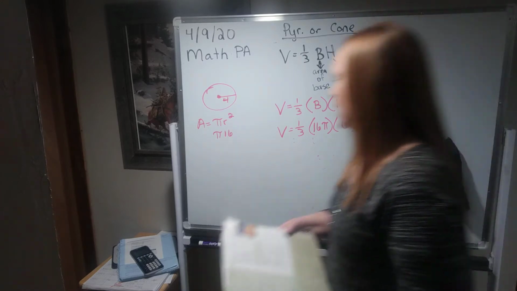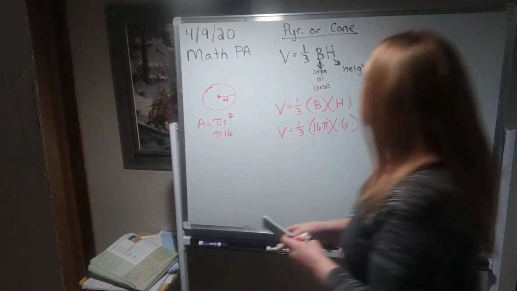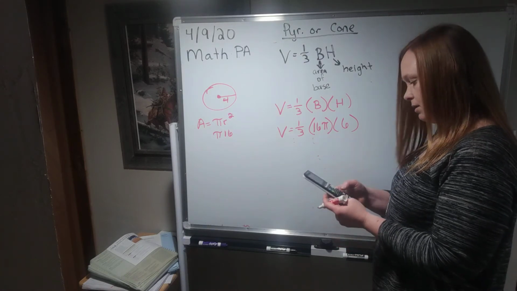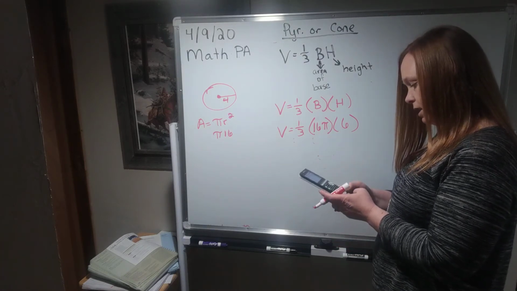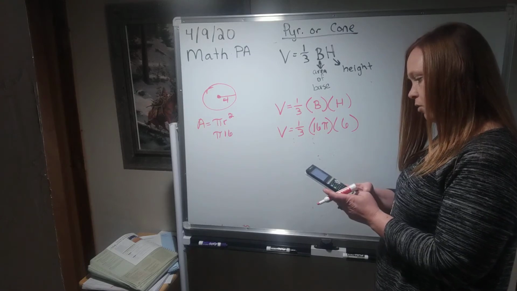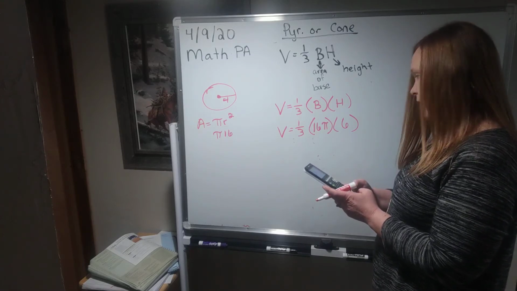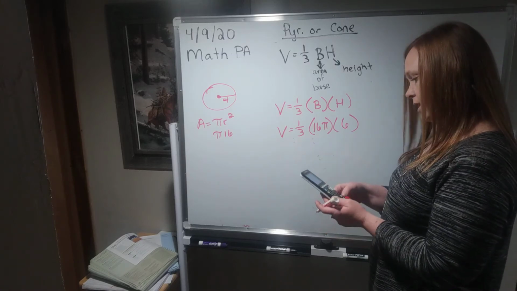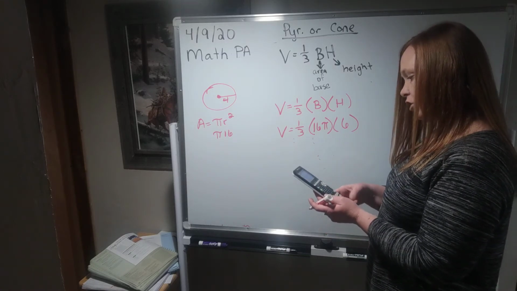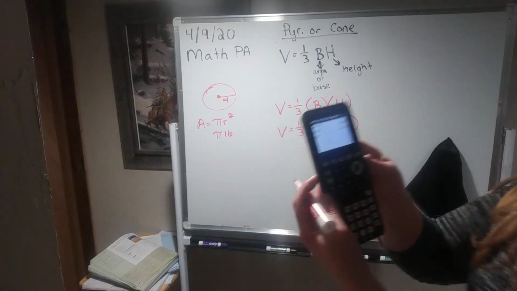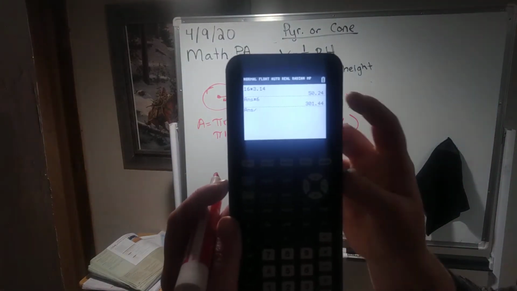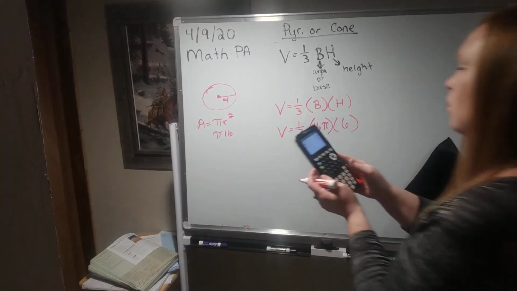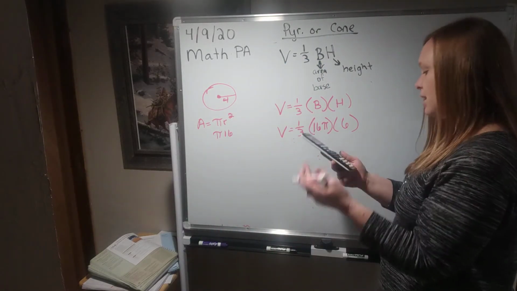Okay, now let's let our calculator do the work for us. Let's take 6 times 16 pi, so I'm going to do 16 times 3.14 times 6 equals, and then I'm going to divide by 3. Make sure you get your answer. So on my calculator, I don't know if you can see that, but I want to do all my multiplying, get an answer of 301.44, and then divide by 3.